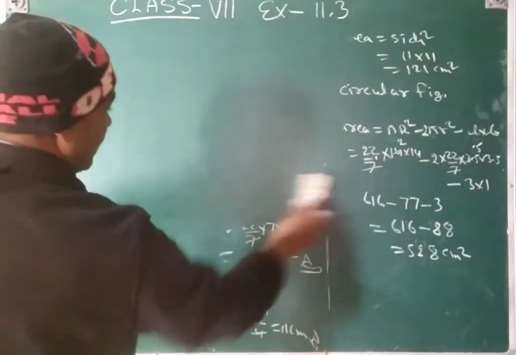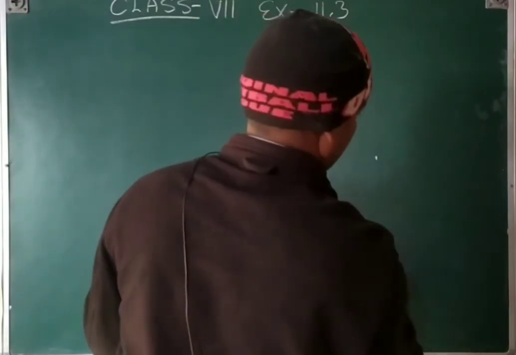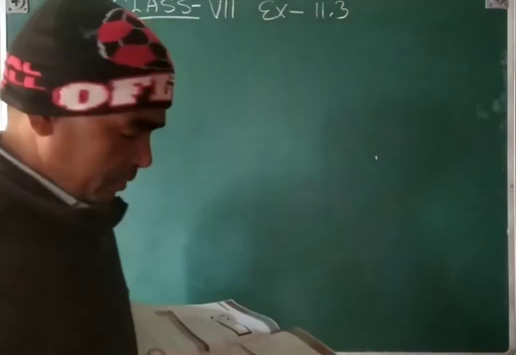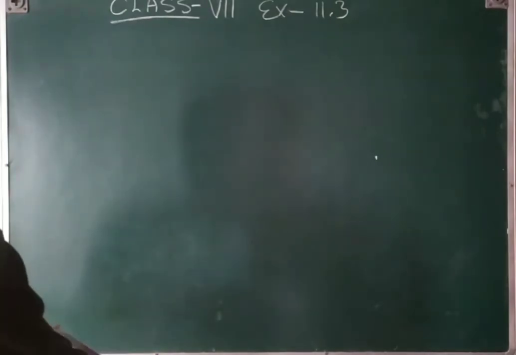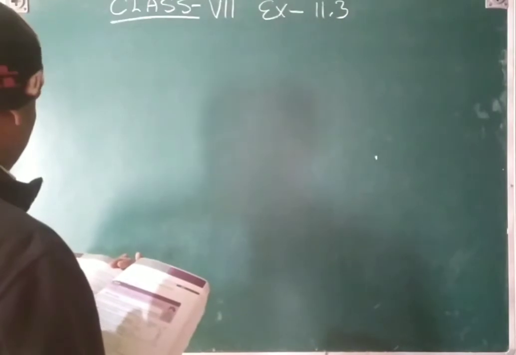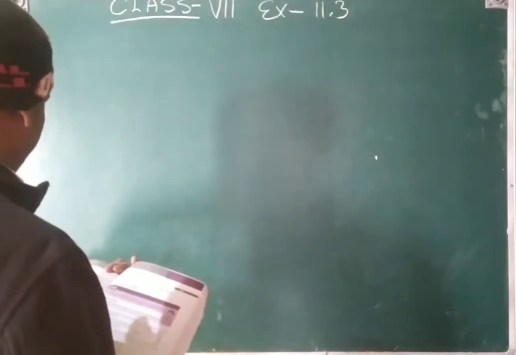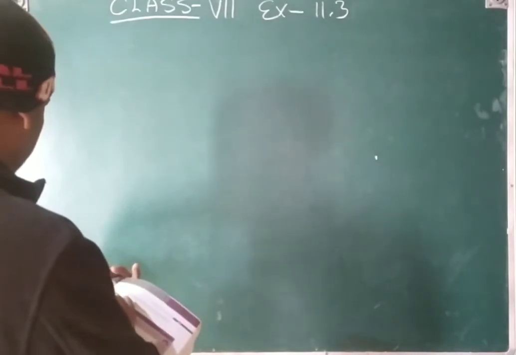And then question number 11, we will see now. Eleventh question: a circle of radius 2 cm is cut out from a square piece of aluminium sheet of side 6 cm.